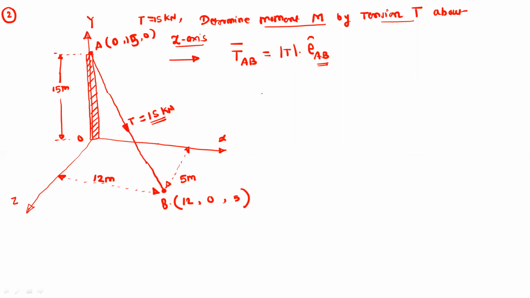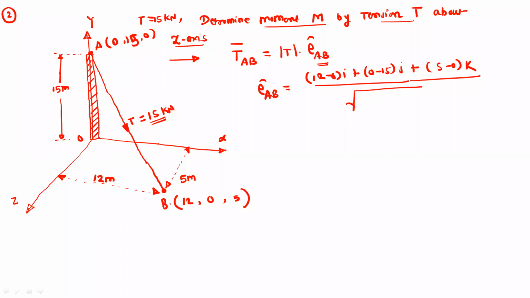So find this unit vector AB. This is equal to 12 minus 0, plus 0 minus 15, plus 5 minus 0, divided by the square root of 12 square plus 15 square plus 5 square.